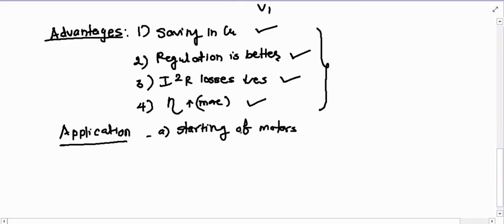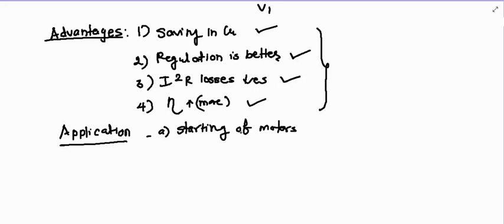It can also be used as a booster to raise the voltage in AC feeders, and as a furnace transformer for getting suitable supply voltage.